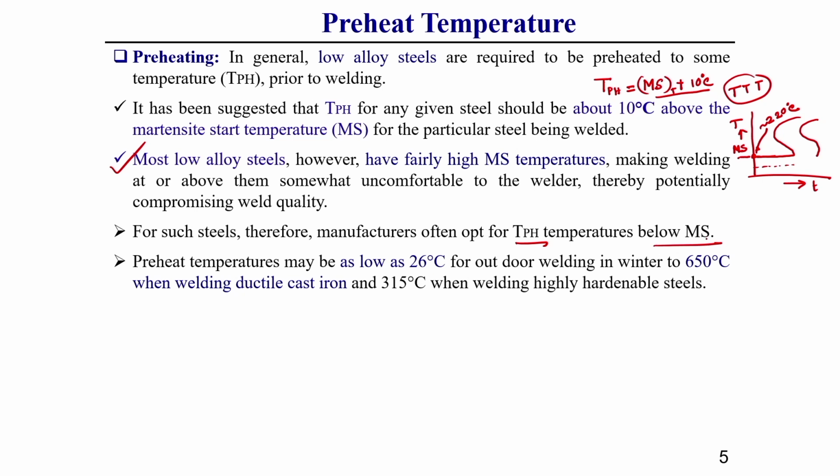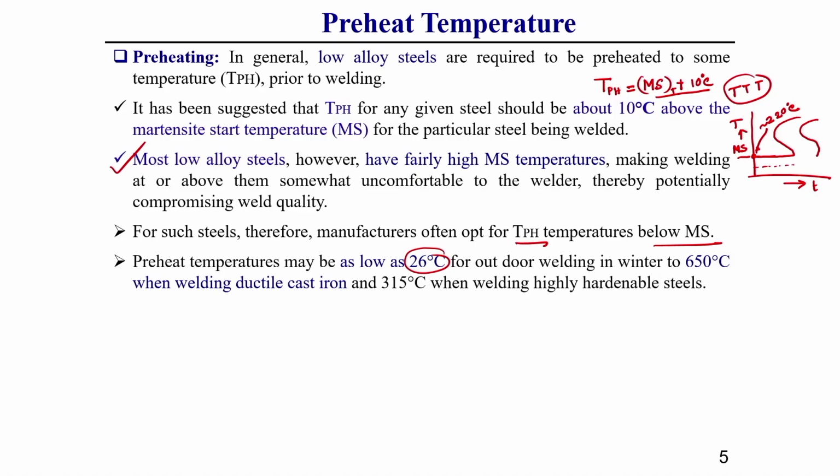Due to this uncomfortable situation for the welder, the temperature used for preheating can sometimes be below the martensitic starting temperature for those steels whose martensitic starting temperature is on the higher side. So keep in mind that the temperature is then minus some degree centigrade.